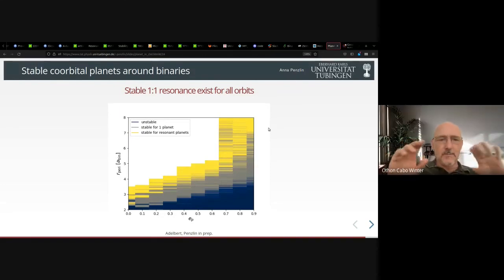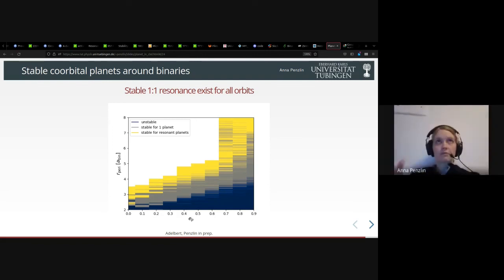So when you say one-to-one resonance, you are talking about the horseshoe configuration. And the masses of the planets are the same? Yes. For now, we always took exactly the same mass. When I did the hydro simulations initially, that led to the one-to-one resonant stable configurations, I played around a bit with the mass. In some instances that led to stable tadpole configurations.